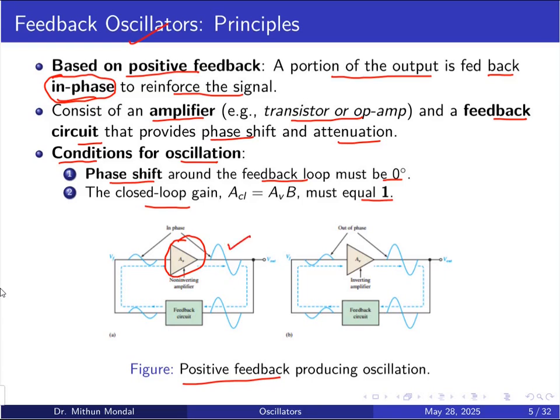The output is fed back through a feedback circuit to the input using phase shifting or attenuation to get the oscillations. Two circuits are being shown. In the first circuit, the output and the input given as the feedback are in phase with each other, whereas in the second circuit, the output and input are not in phase with each other.